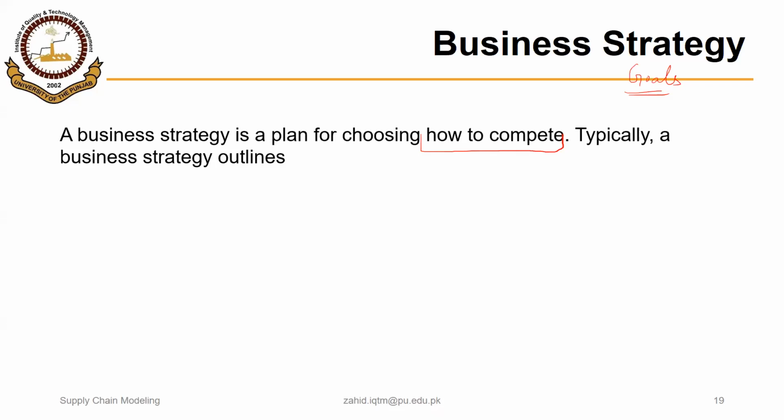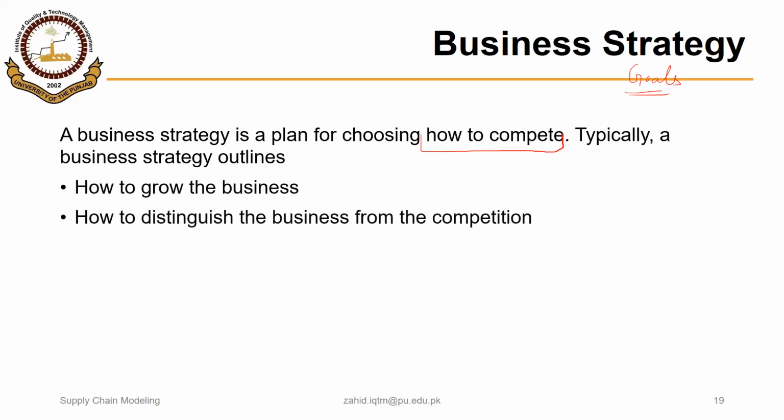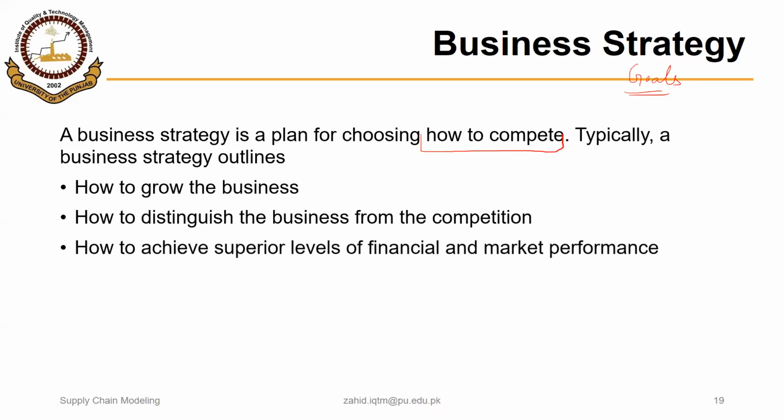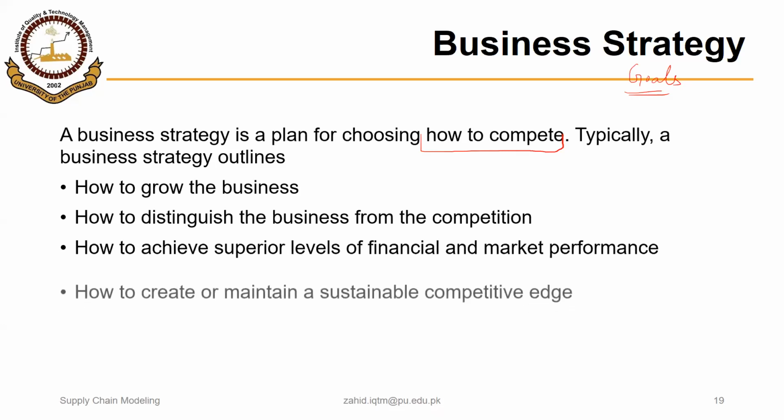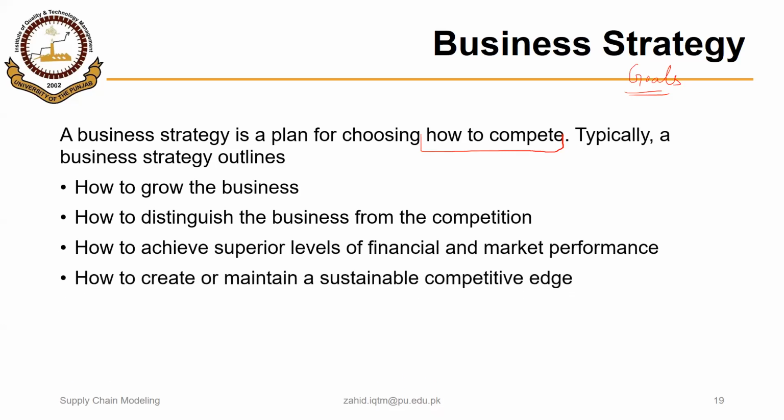Typically, a business strategy outlines how to grow the business, how to distinguish the business from the competition, how to achieve superior levels of financial and market performance, how to create or maintain a sustainable competitive edge, and similar other things.